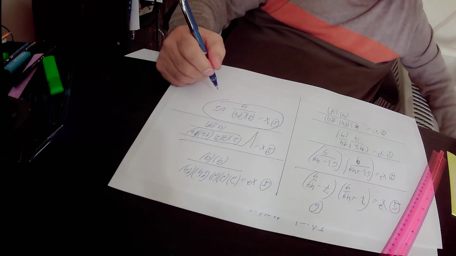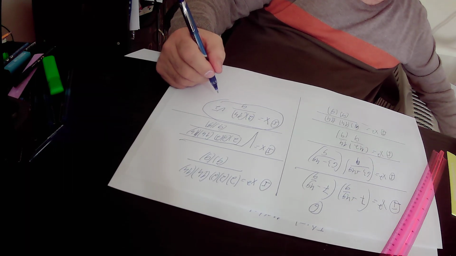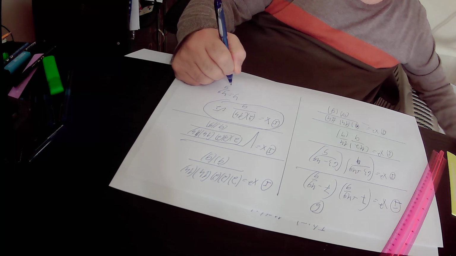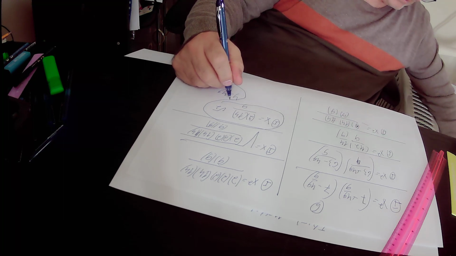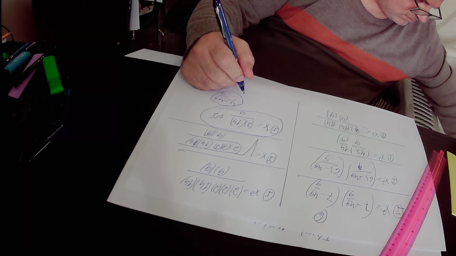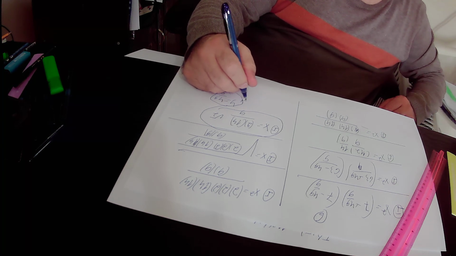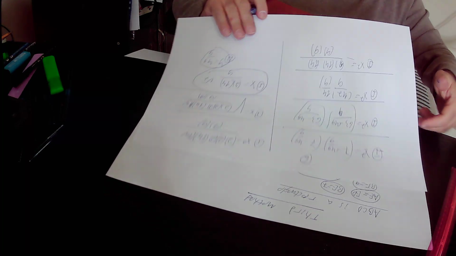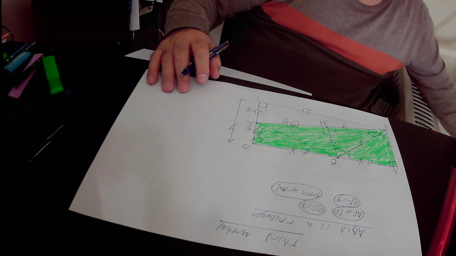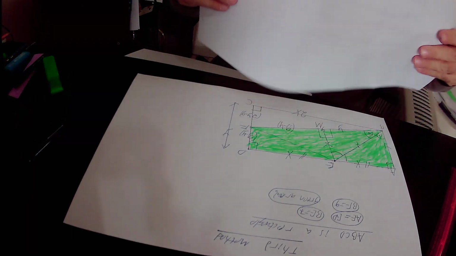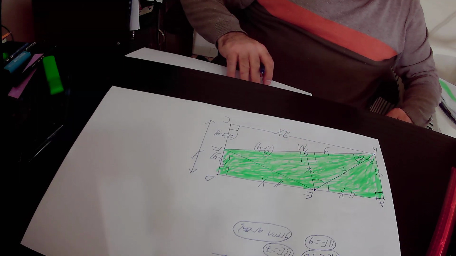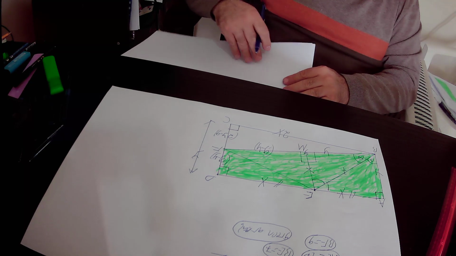And we have already found out that y equals to 49 over 9. So we found the values of x and y. And in the next step we can find easily the area of the green shape, that is actually the area of trapeze ABDF.